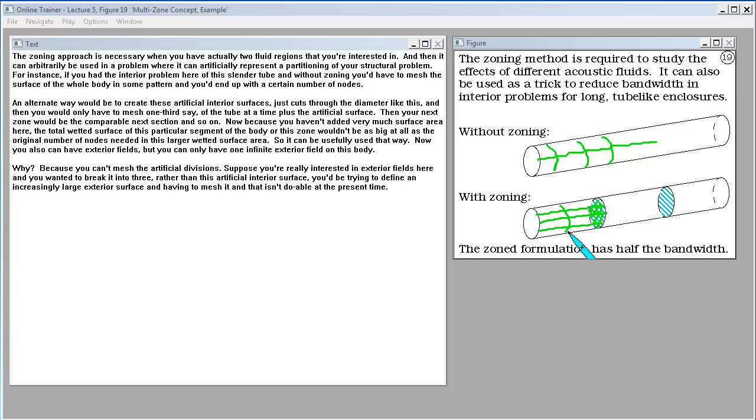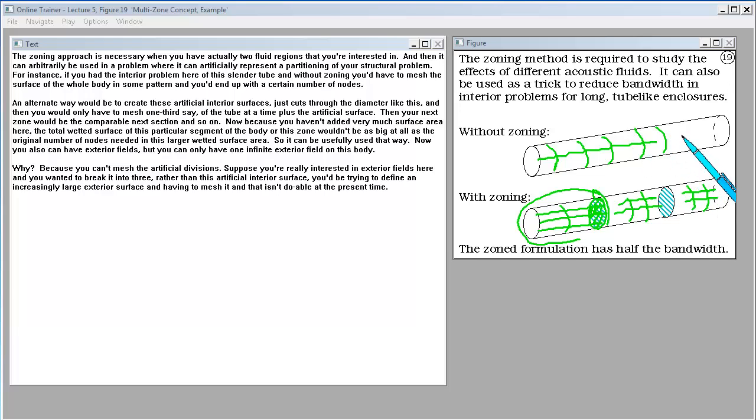Then your next zone would be the comparable next section, and so on. Now, because you haven't added very much surface area here, the total wetted surface of this particular zone wouldn't be as big at all as the original number of nodes needed in this larger wetted surface area. So it can be usefully used that way.